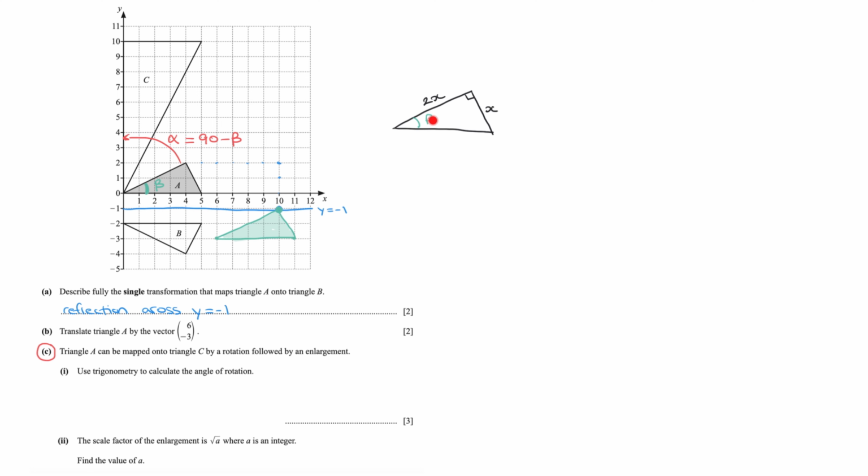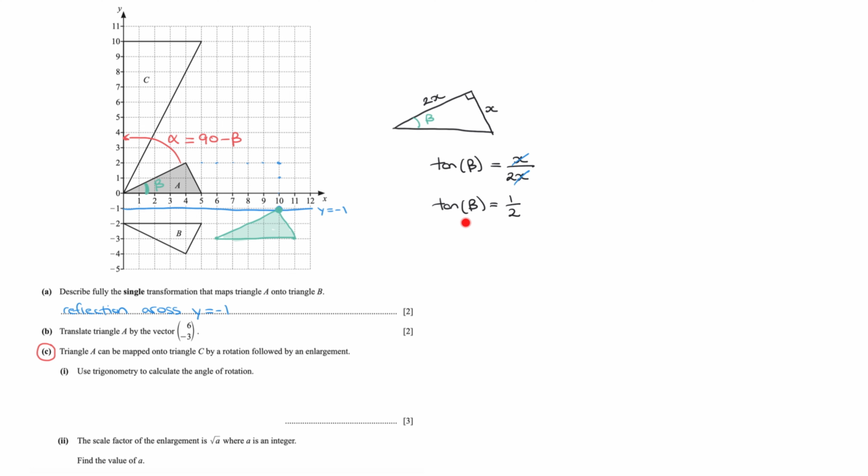And now relative to our angle beta here, x is opposite and 2x is adjacent. So using our knowledge of right angle triangles, we could go ahead and state that tan of the angle beta is equal to the opposite, so that's x, over the adjacent, which is 2x. And now hopefully you can appreciate that the x's will cancel each other out here, leaving us with tan of beta is equal to 1 over 2.